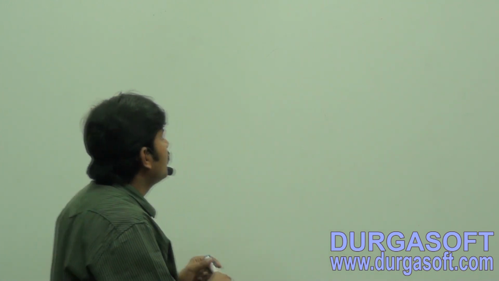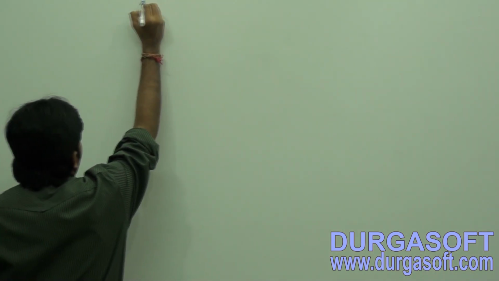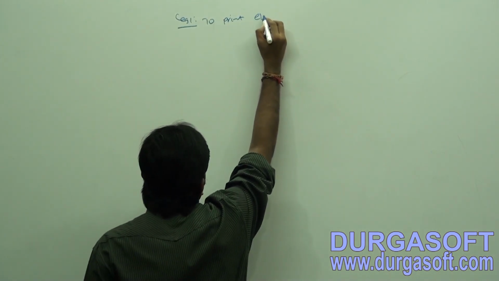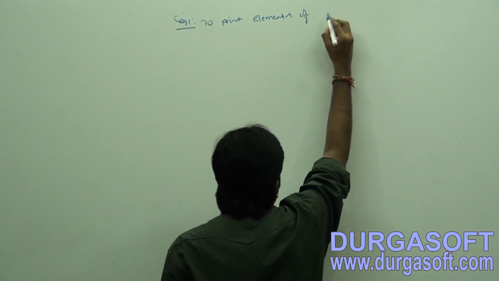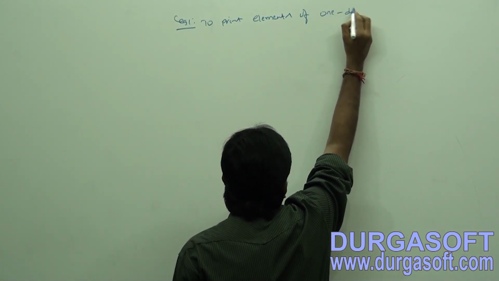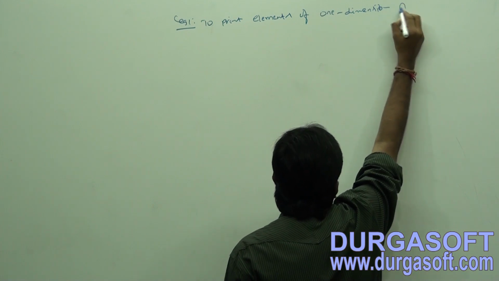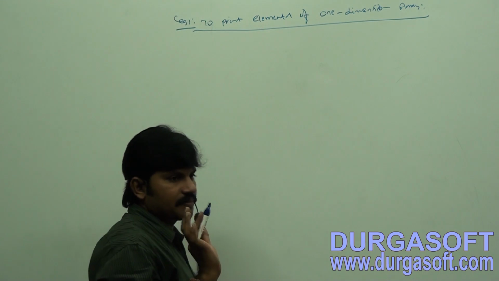Just observe. Example 1: to print elements of a one dimensional array. I want to print the elements of a one dimensional array.